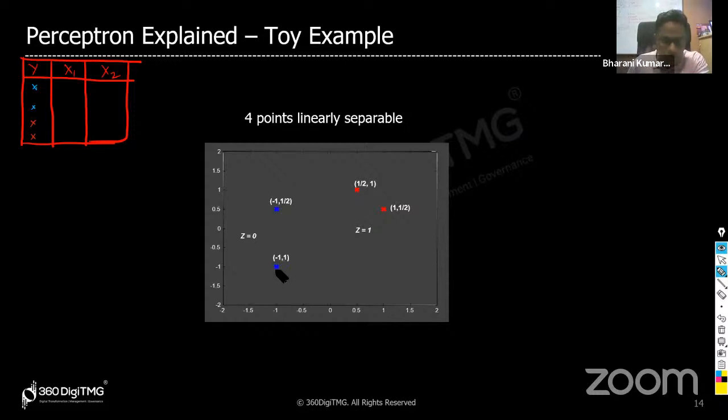The inputs pertaining to these would be -1 and -1. Then for this, you have -1 and 0.5. Then here you have 1 and 0.5.